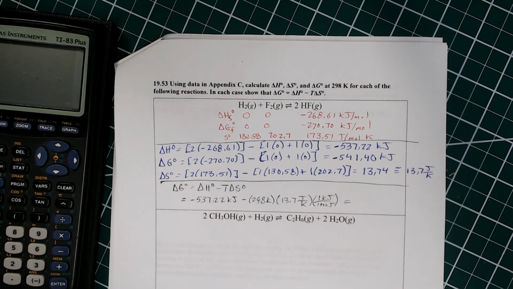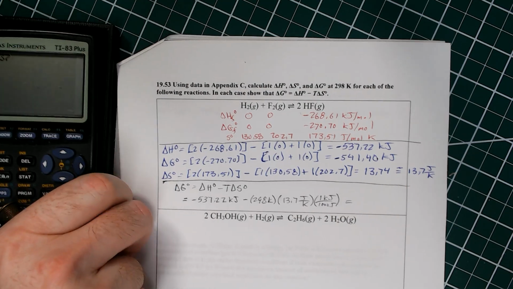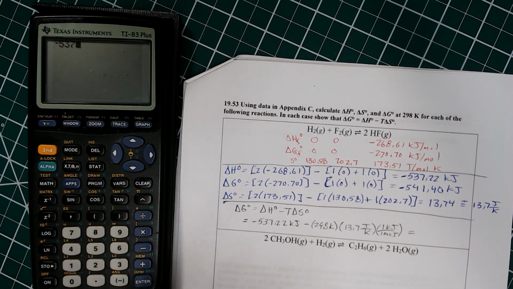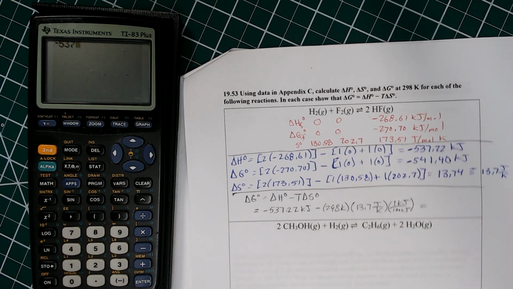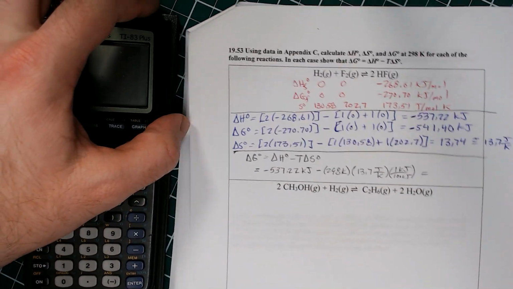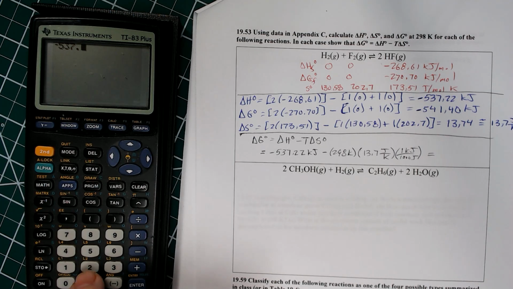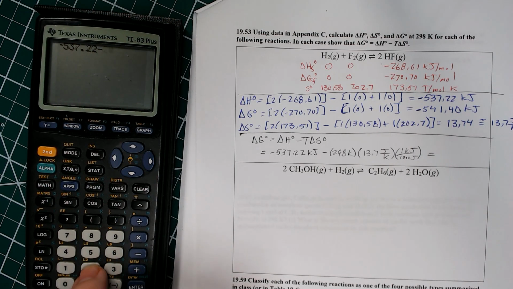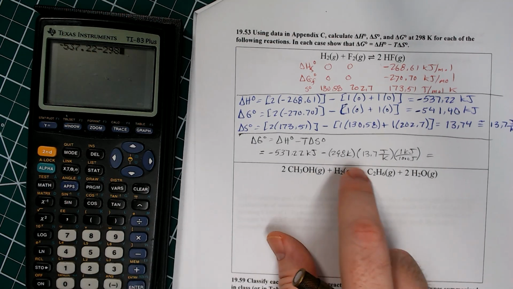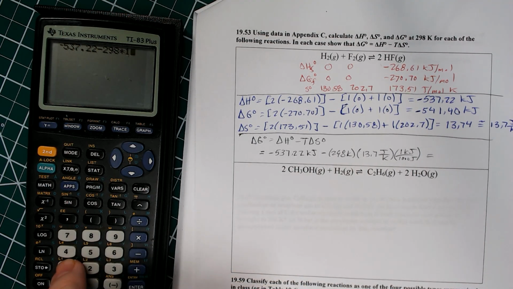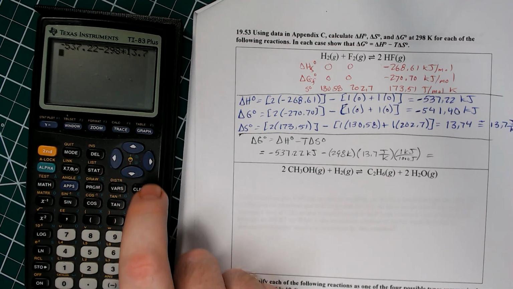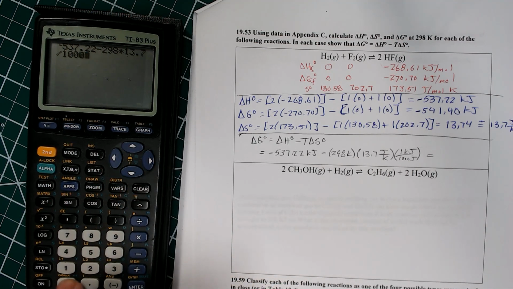All right, I'm going to clear all that, and we'll put negative 537, and I've got to put this here so you guys can see it. So negative 537.22 minus, and since we're multiplying all these, I don't need parentheses, 298 times 13.7 divided by 1,000.